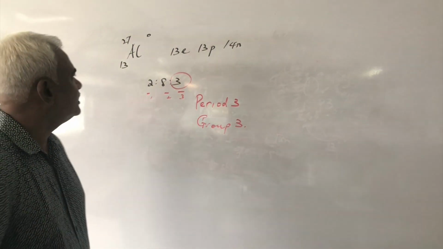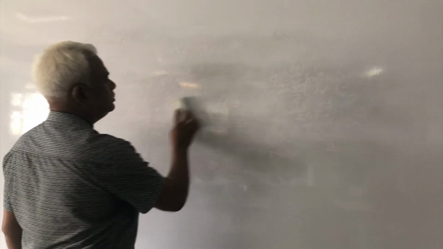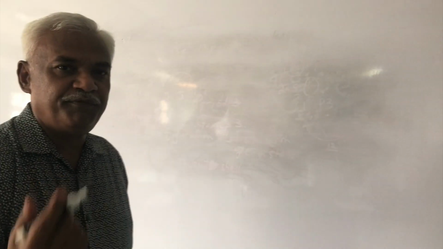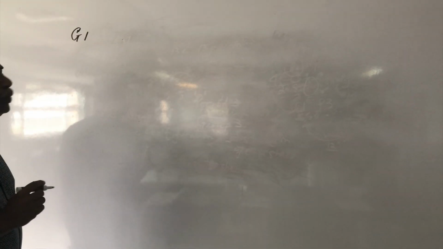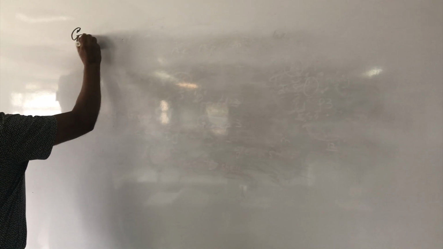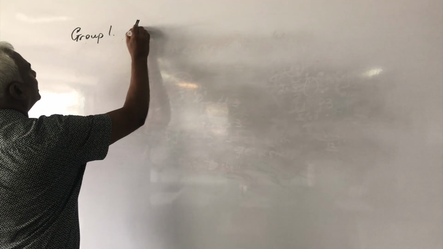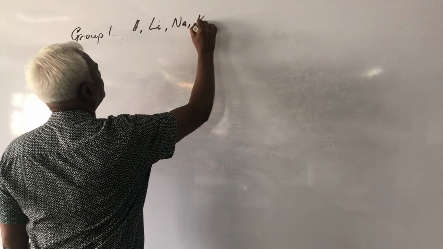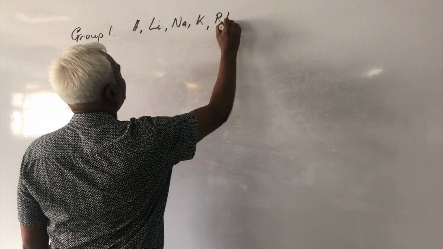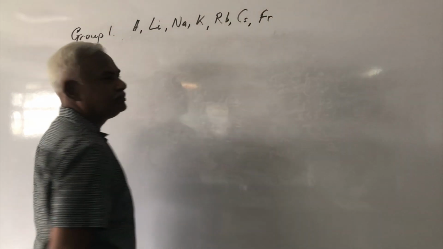All right, now let's continue. Now, there are a series of groups that we must be familiar with. There is group 1. We have hydrogen, lithium, sodium, potassium, rubidium, cesium, and francium.